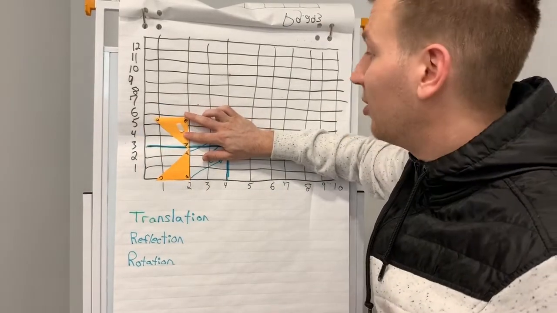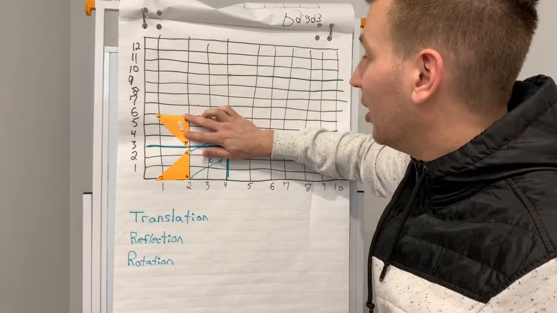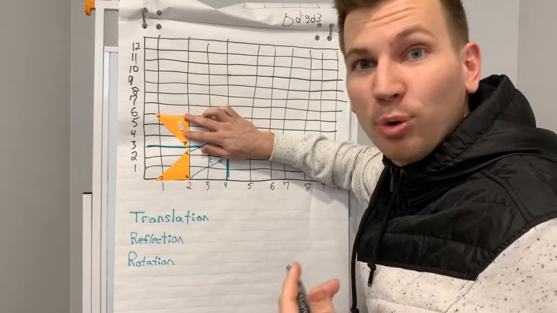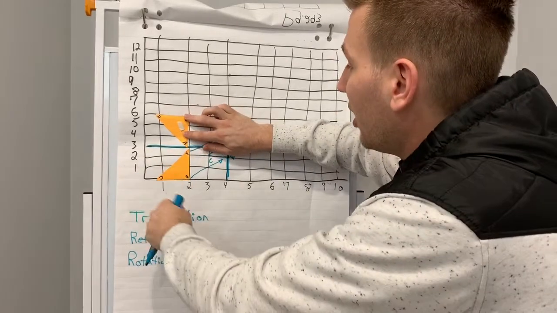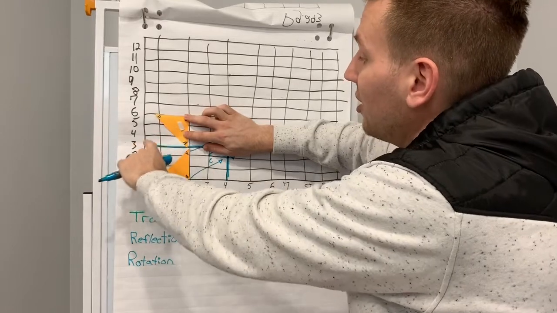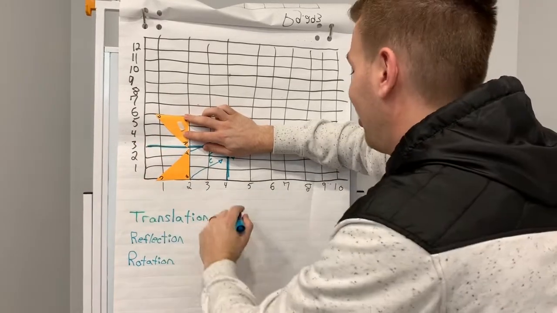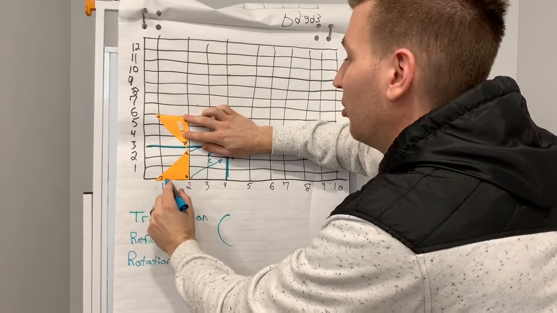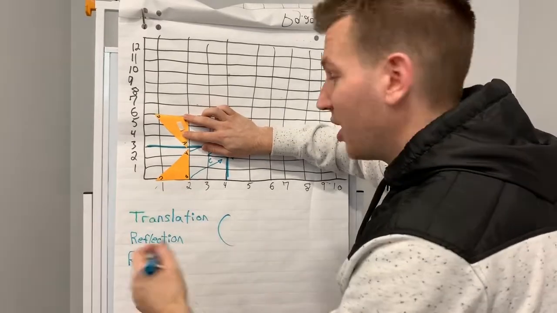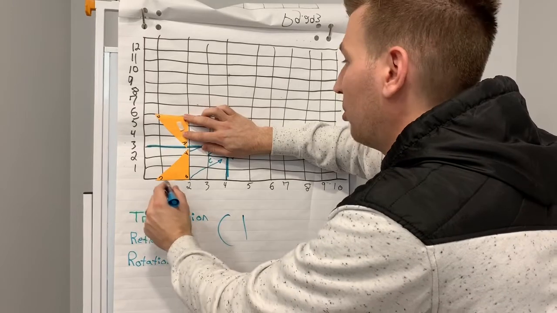And then once you've reflected it, it'll often say to name the coordinates of your reflection. So I would say, oh, hey, point C is on 1 over, like we learned yesterday, so it would be in position 1.